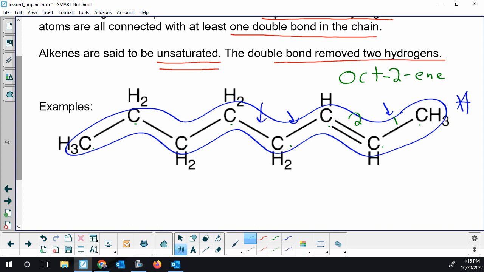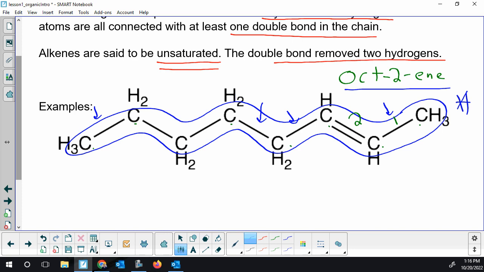There are 4 possible octenes, so we need the number to tell the reader which of the 4 it is. Now there's only 4. If the double bond was way over there, that would be 1 from the end. That would be an oct-1-ene. So this is our name with that number included.